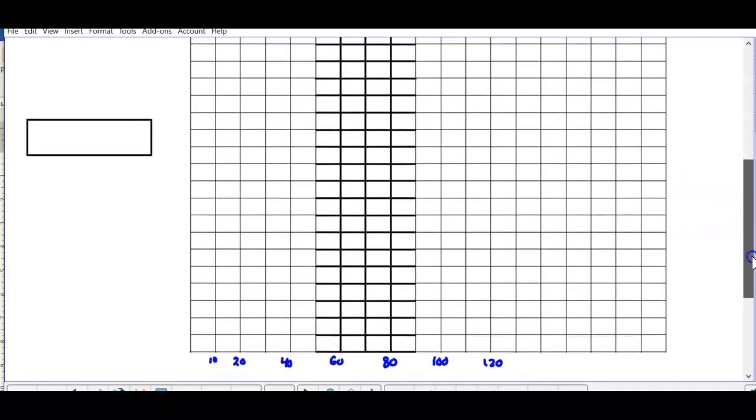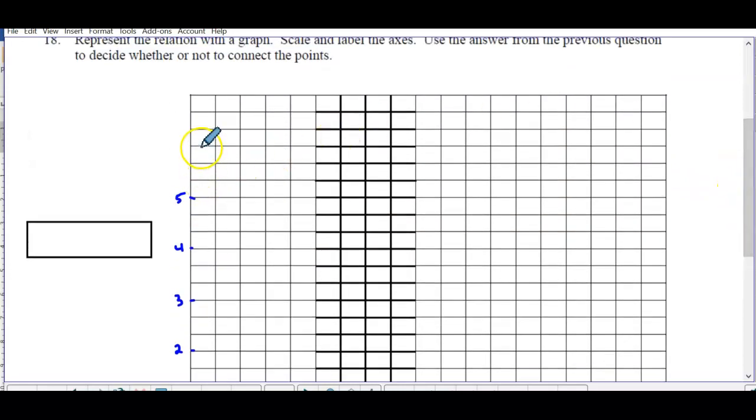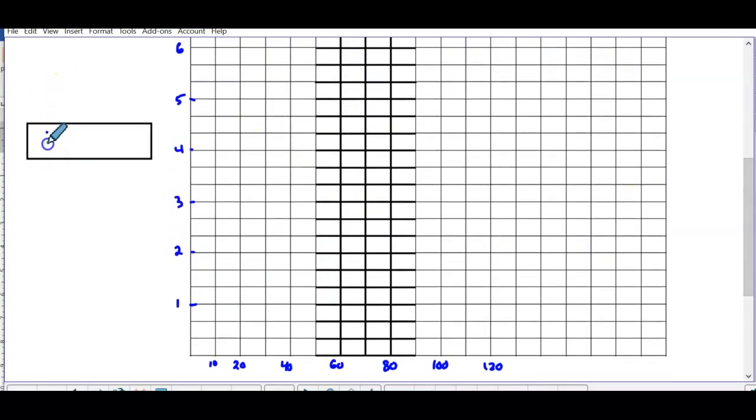So we could go every 3. So this would be 1 here, 2, 3, 4, 5, 6. Okay, and this is time in hours.